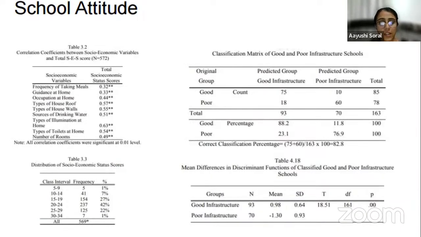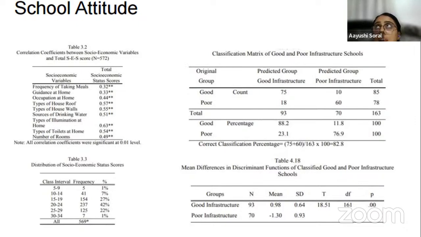So these are certain matrices I have collected from the sir's work only. This is a classification matrix of good and poor infrastructure of school. You can see the predicted group and the poor infrastructure and the good infrastructure classification percentage also on your right hand side. In table 3.2, you can easily see the correlation coefficients between the socio-economic variables.